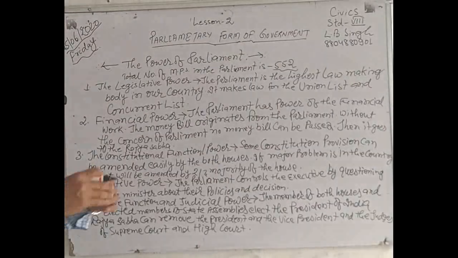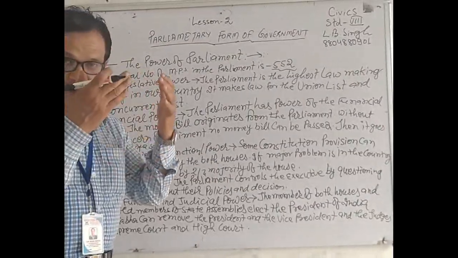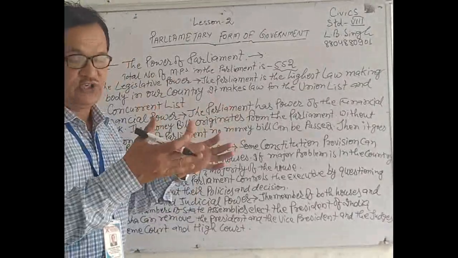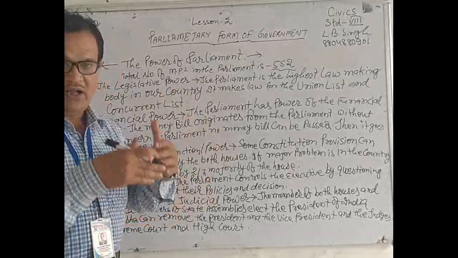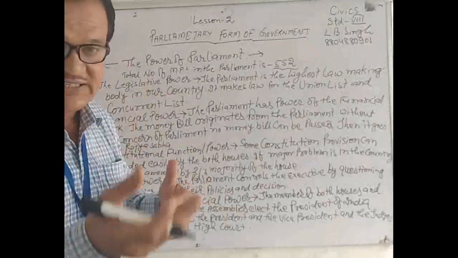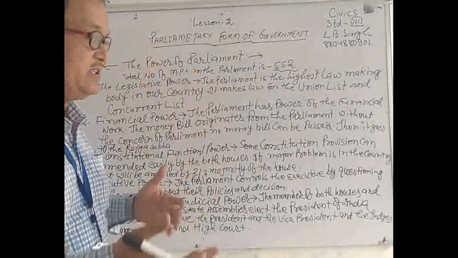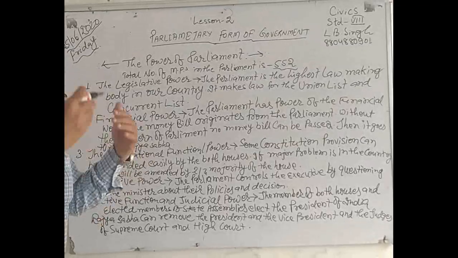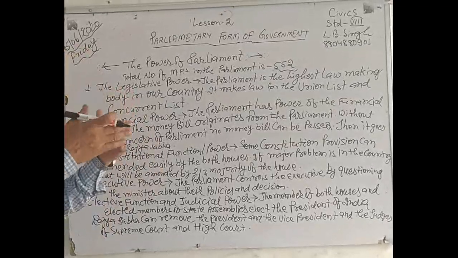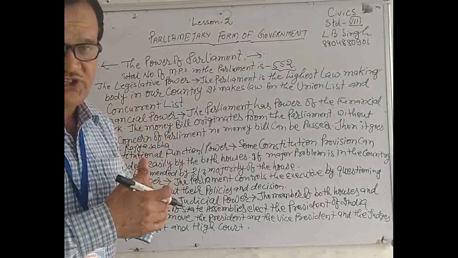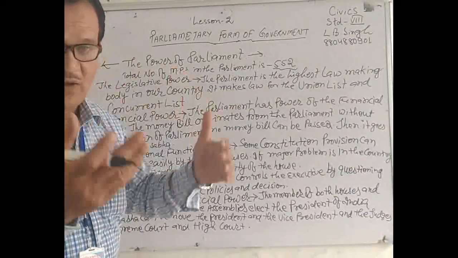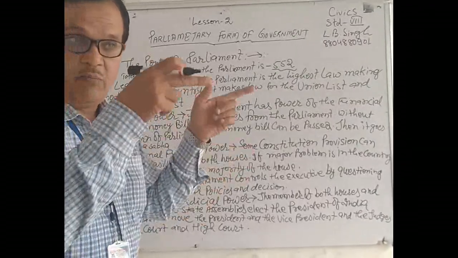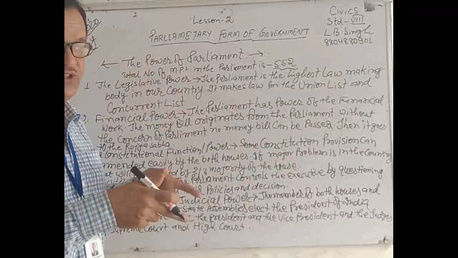Do you know this thing? The parliament takes part in the election of the president. That means both houses, Lok Sabha and Rajya Sabha, and elected members of the Legislative Assembly, all take part in the election, and they elect the president and the vice president. The president and vice president can be removed from their post by impeachment passed by a majority in both houses.